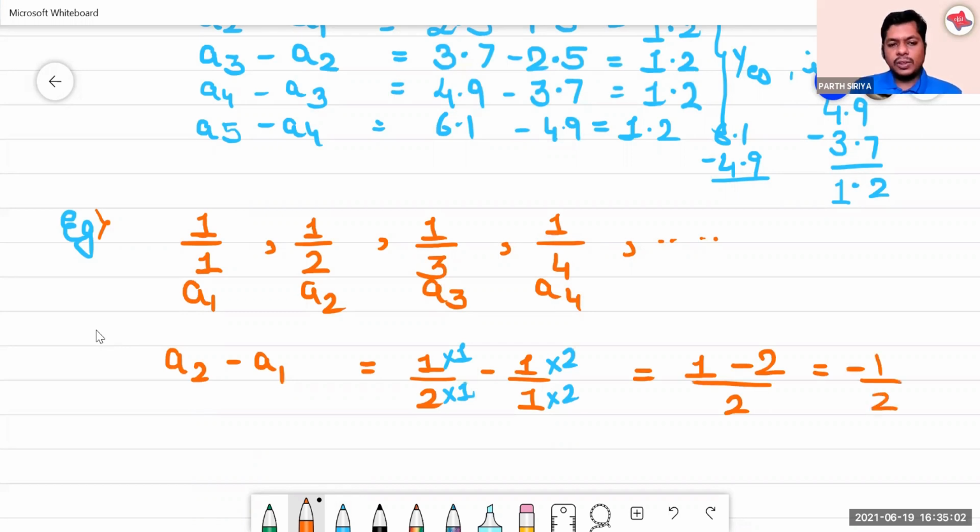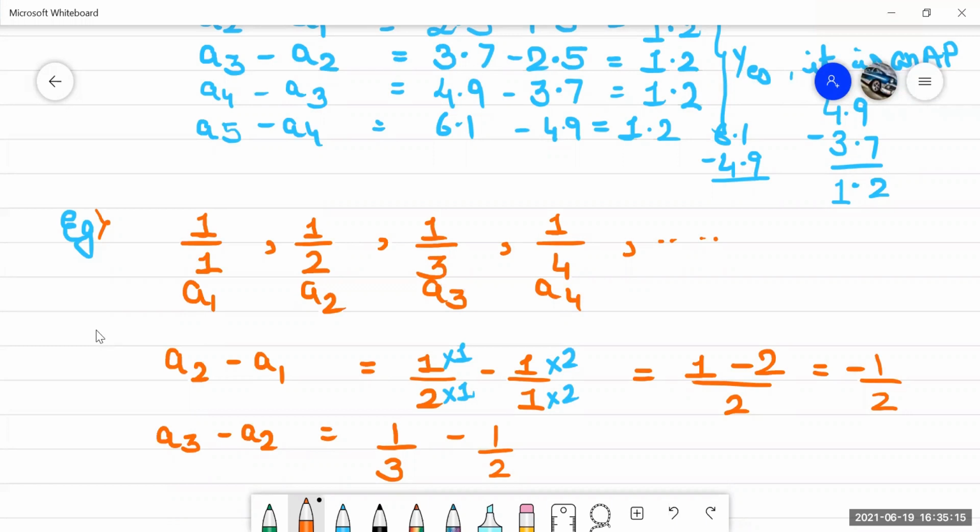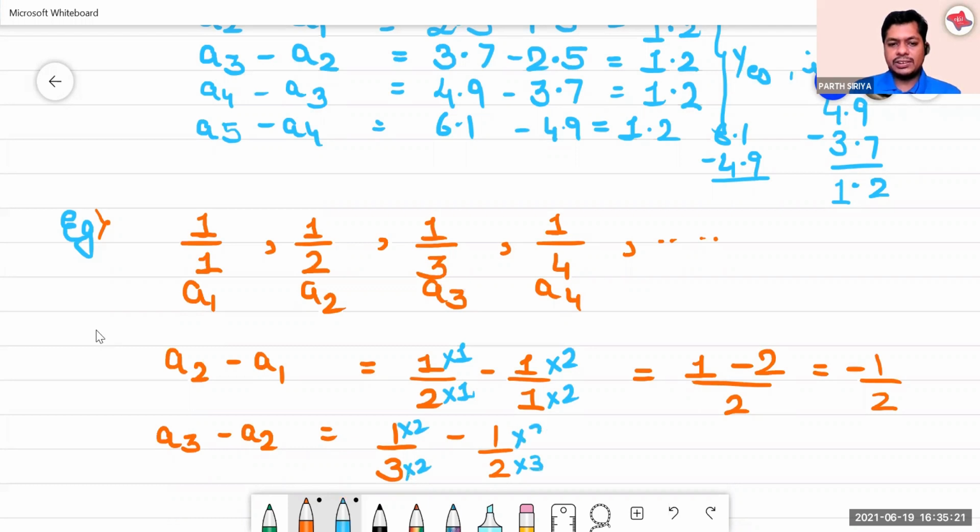Okay. What about A3 minus A2? A3 is 1 by 3. A2 is 1 by 2. What would be the LCM of 3 and 2? 6. Perfectly fine. So we will multiply by 2, multiplied by 2, multiplied by 3, multiplied by 3. Very good. Okay. So that's 2 minus 3 upon 6.